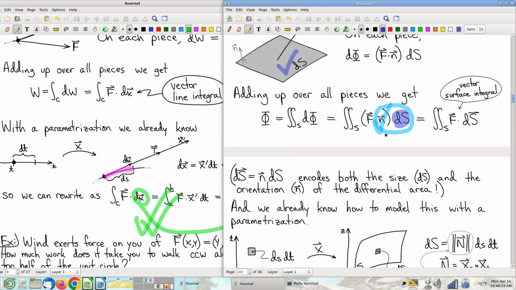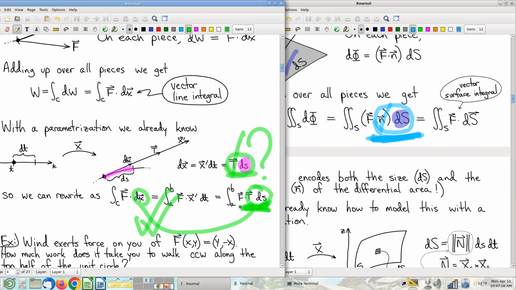Okay, well, what can I say about this product? This piece, N dS, tells you the orientation and size of this little piece of surface. So this thing plays a role that is very analogous to this thing.